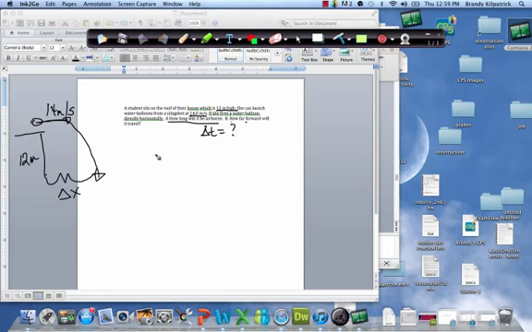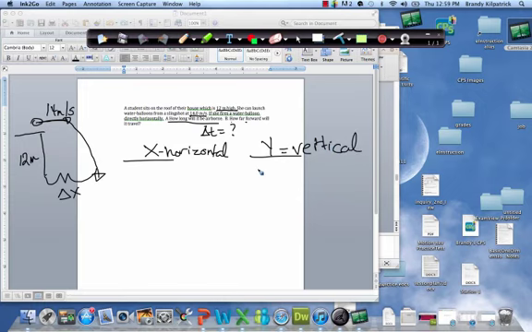I'm going to say I have 2 components, x and y. I'm going to split all my information up into either an x column or a y column. X is the horizontal motion, and y is the vertical.